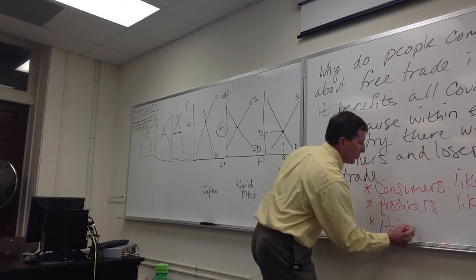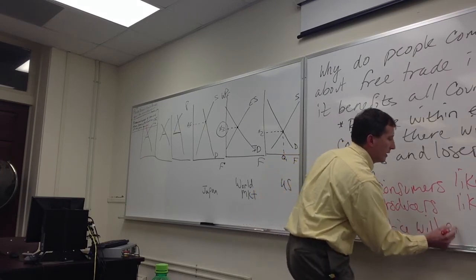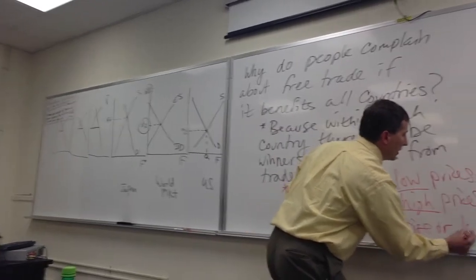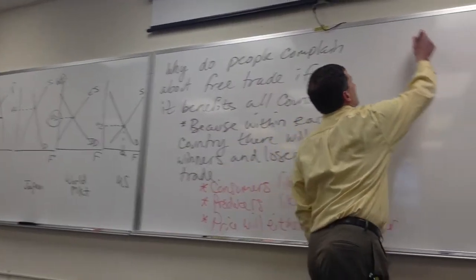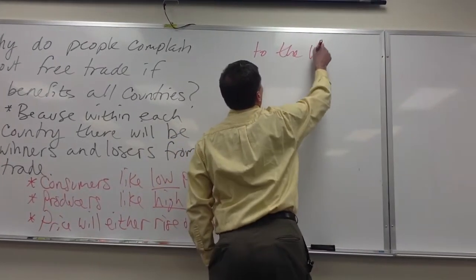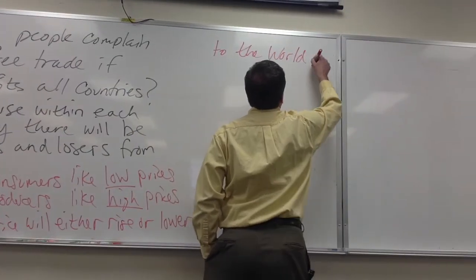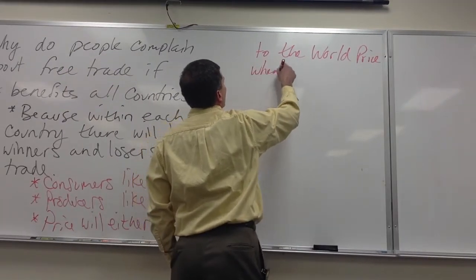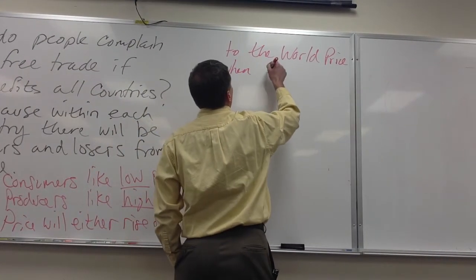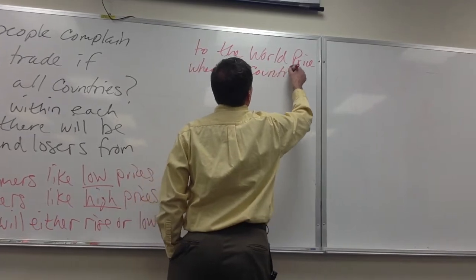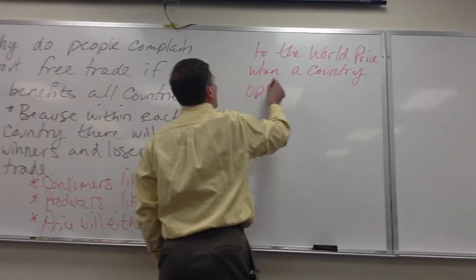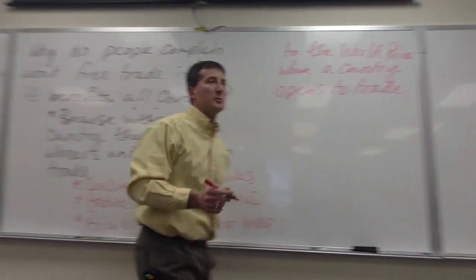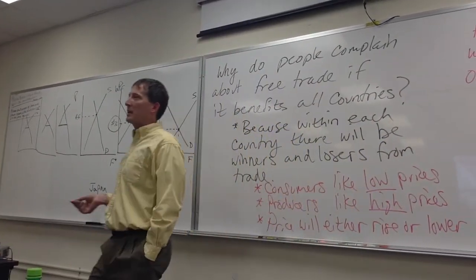Price will either rise or lower to the world price when a country opens to trade, which means there's going to be a winner, there's going to be a loser.